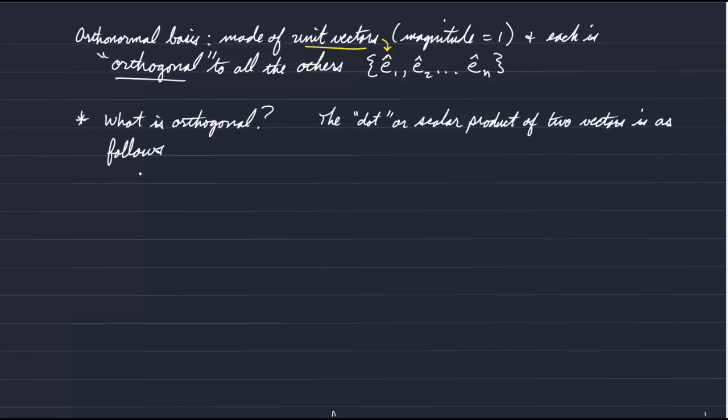So if we define our vectors as n by 1, n rows and 1 column, for example, and we define 2 of them, then the dot product of x and y is equal to the matrix product of x transpose y.